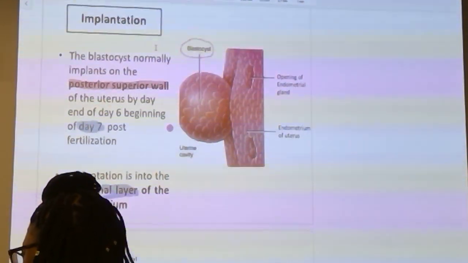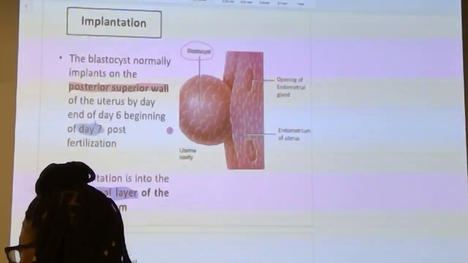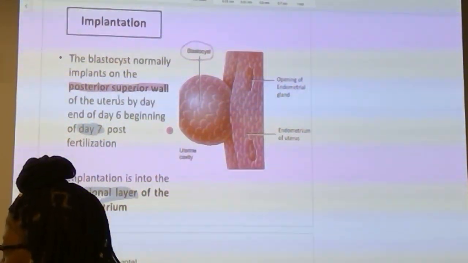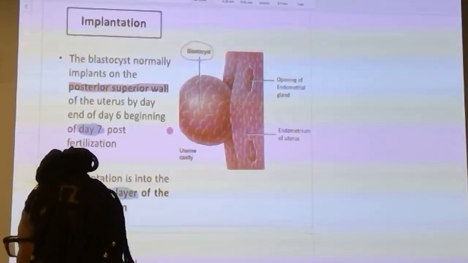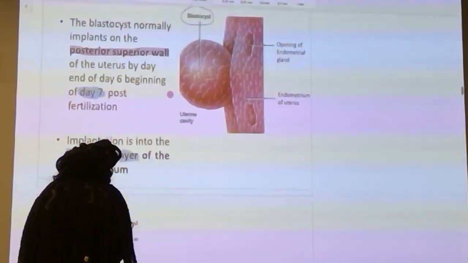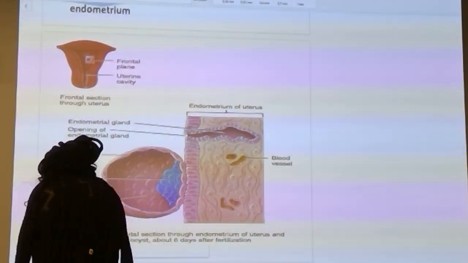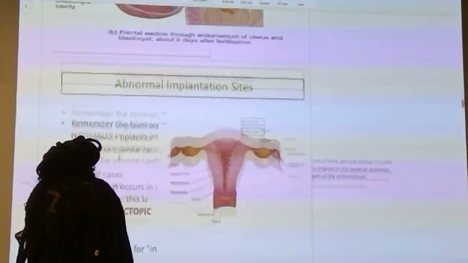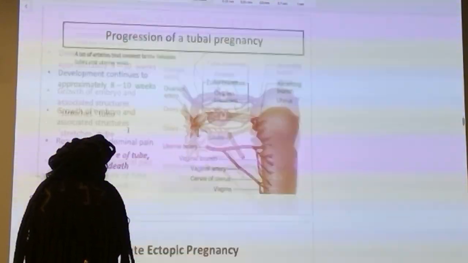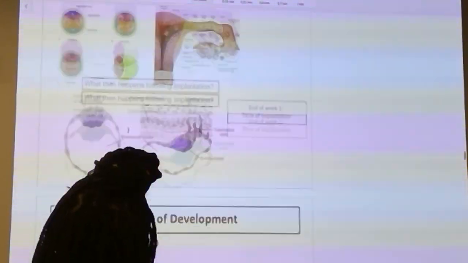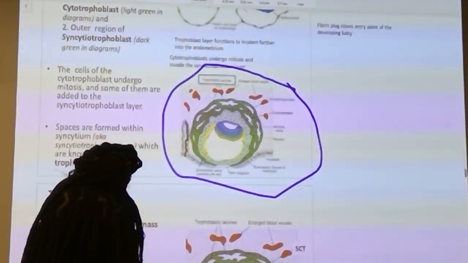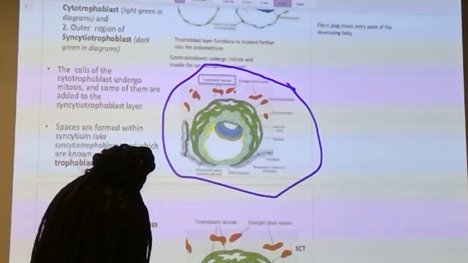Okay, just know that implantation occurs at week 1 at the posterior superior wall of the functional layer of the endometrium. And then for these pictures here, make sure you're able to label them.